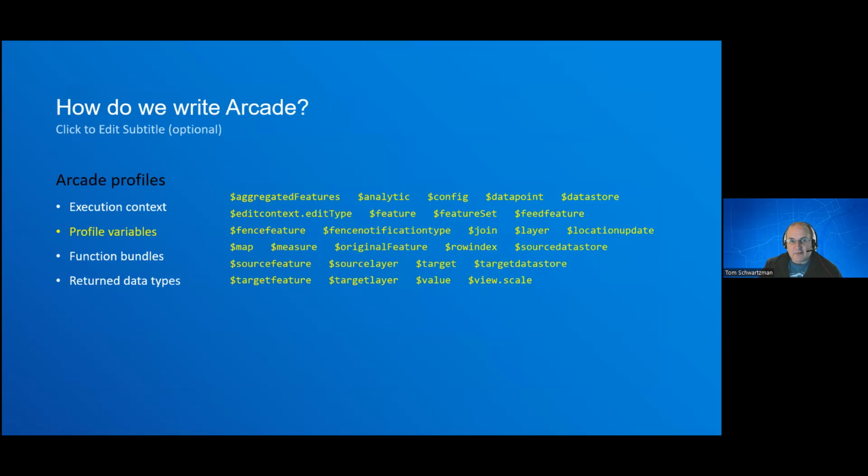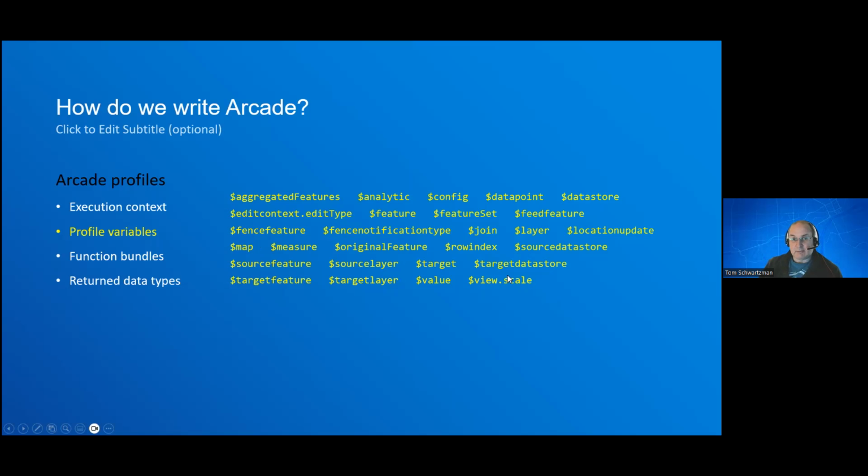Depending on the profile, you have access to some system variables, and you can see a list of these here. They're not all available in all profiles. For instance, when we're doing labeling in a web map, we have access to the map, say the scale of the current view.